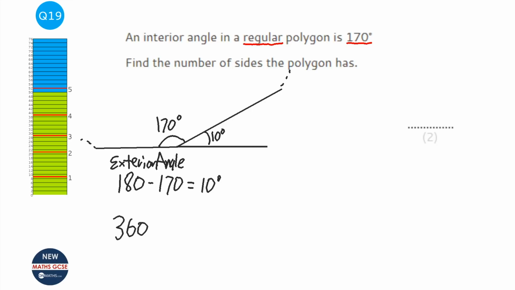So we do 360 divided by 10, because each one is 10 degrees. And I don't need my calculator for that. I know that that's just going to be 36. So there's going to be 36 sides of that. So if you're given an interior angle on a regular polygon, just take it away from 180 degrees to find the exterior angle, and then do 360 divided by the exterior angle to find how many sides the polygon has.